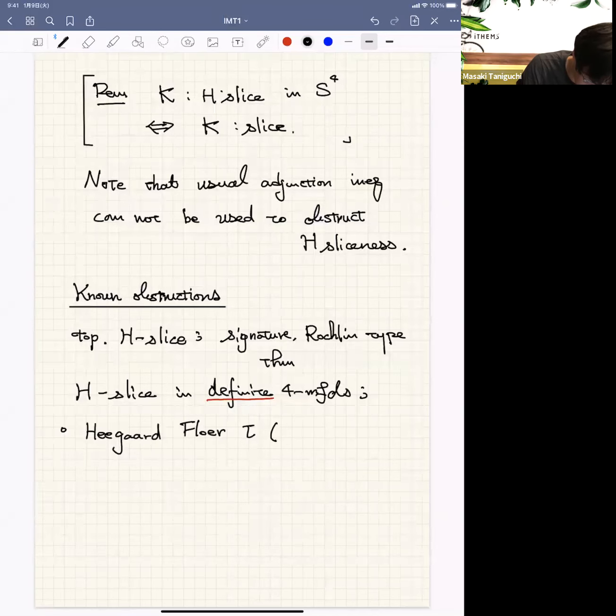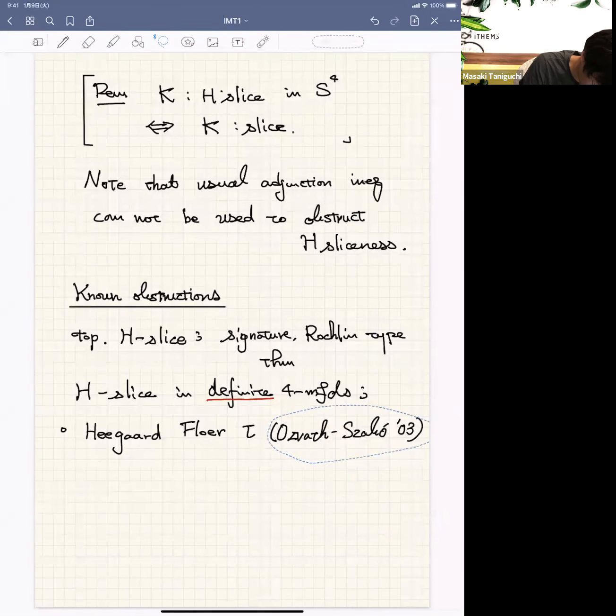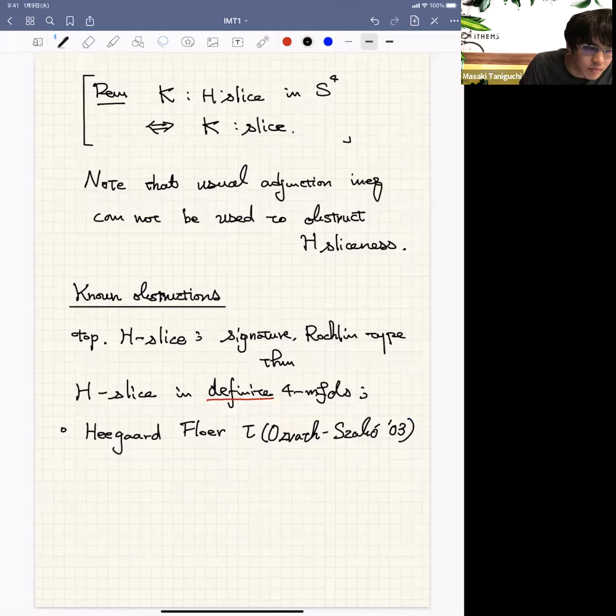This is a famous obstruction introduced by Ozsváth and Szabó. Also, the TB number, the Thurston-Bennequin number, gives a lower bound of the tau invariant, which was proved by Plamenevskaya.